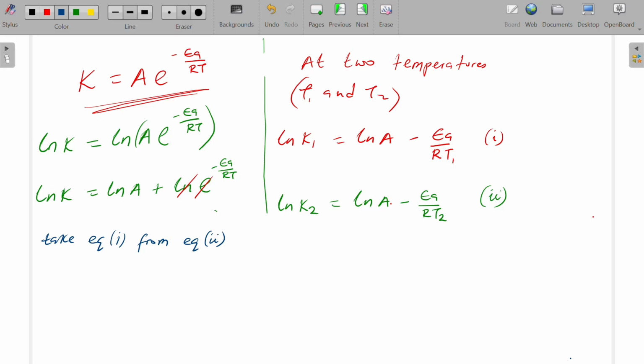When we do that, we subtract what is on the left-hand side, and also what is on the right-hand side.